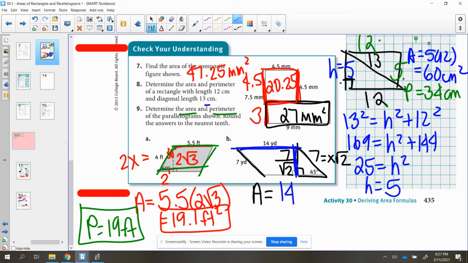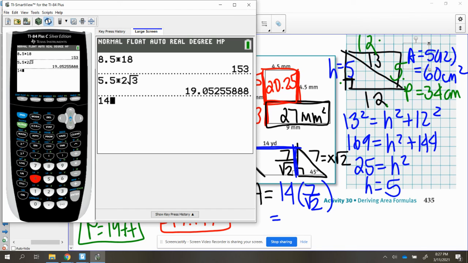Now, you could officially rationalize that and all that, but we're going to just approximate 7 divided by the square root of 2 in the calculator, so don't worry about necessarily simplifying that. So we're going to just do 14 times 7 divided by the square root of 2.